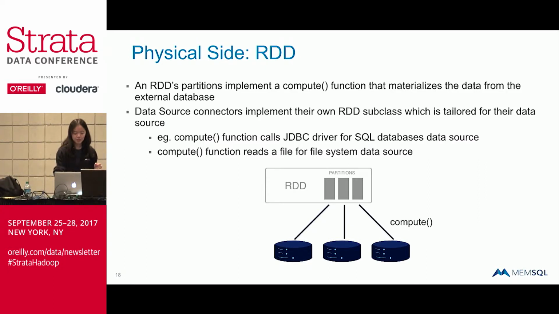So you should implement your compute function to be specific to your data source. For example, if your external data source is a SQL database, your compute function probably leverages some sort of JDBC driver. If your data source is a file, your compute function might read from the file system.